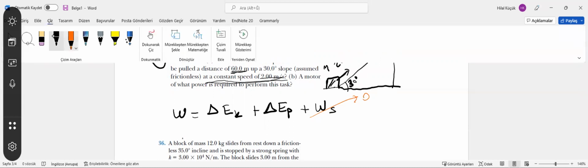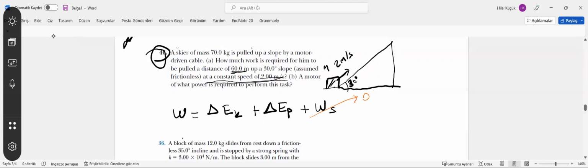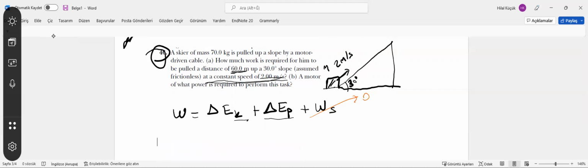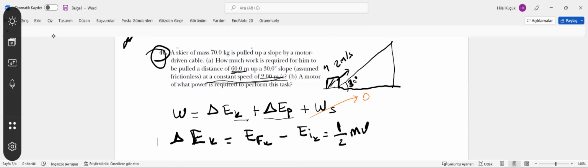Let's continue. Okay, I need to find the kinetic energy difference and the potential energy difference. But there is some trick in the question. If I write the kinetic energy difference like that, final kinetic energy minus initial kinetic energy, one half m v final square, I am just writing its formula.